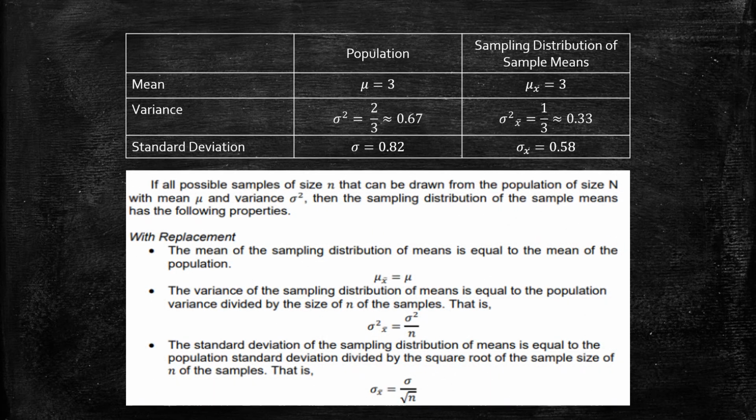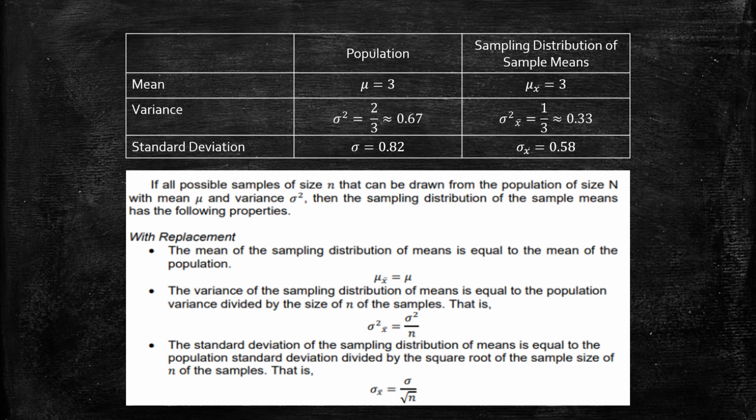Here we have the properties of the mean and variance of the sampling distribution of sample means. This situation is when you have repetition, or there is a replacement. First, the mean of the sampling distribution of means is equal to the mean of the population. So you have mu sub x bar equal to mu.